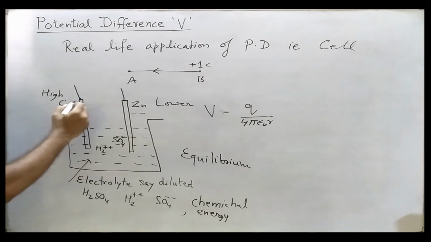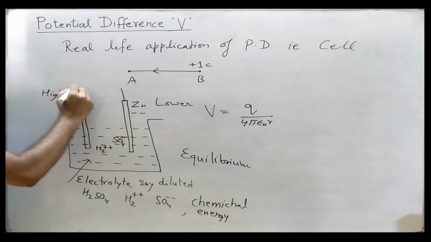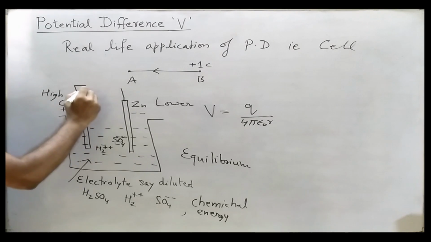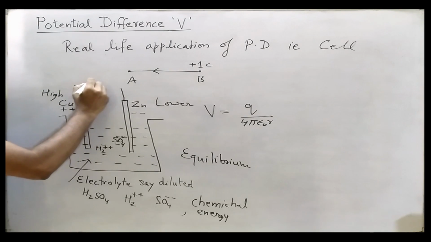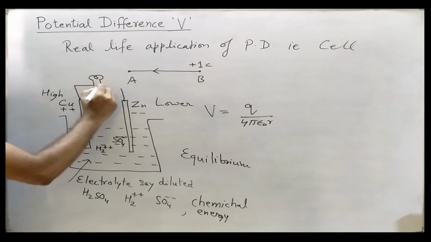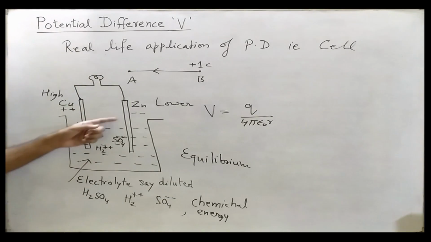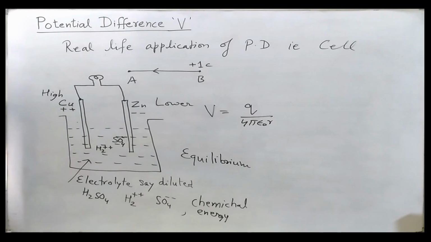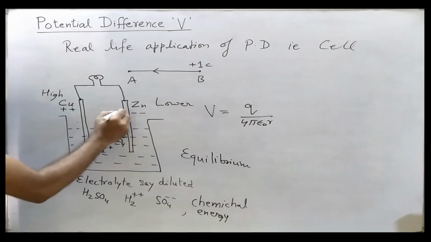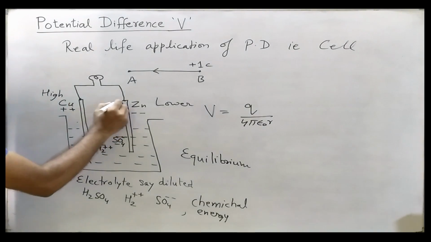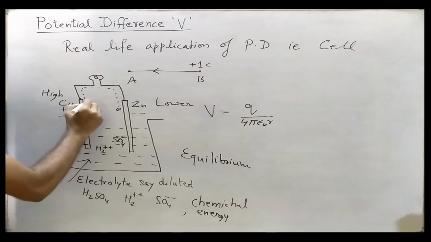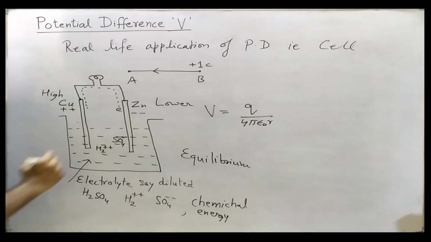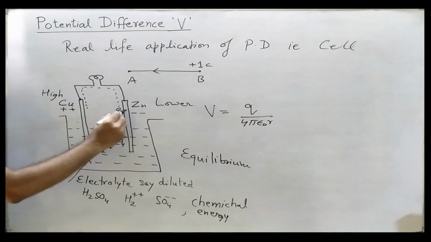So once any external conductor is connected between these electrodes, charges will begin to flow. A negative charge from here will begin to flow in this direction, so electrons will flow and neutralize with the positive charge.